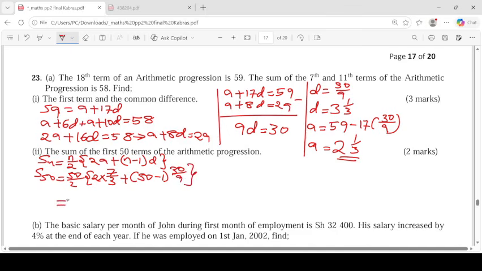Let us press all this in a calculator. I hope you remember how to combine all this. So this can become 25 into 14 over 3 plus 490 over 3. This is evaluating to 4,200.